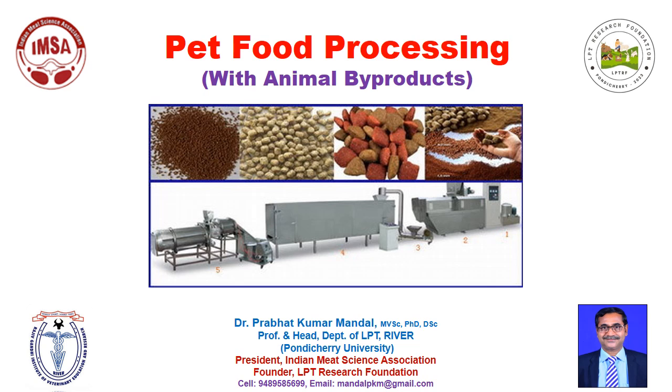So here first we will discuss the quick process of making pet foods, either by the extrusion method in the case of dry pet foods, or, in the case of moist or semi-moist foods, by canning. These two methods we will discuss briefly.